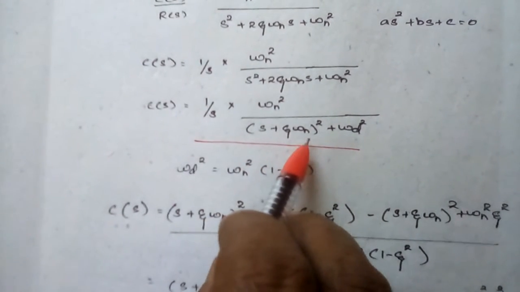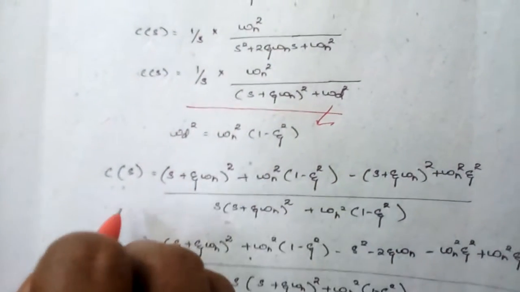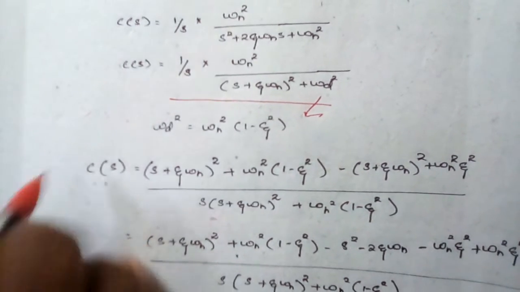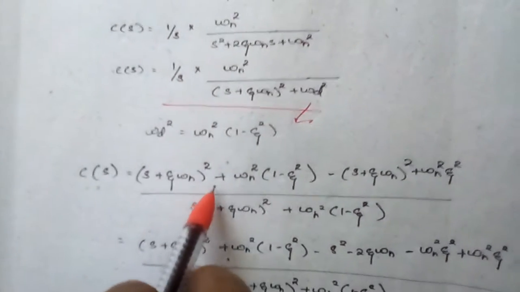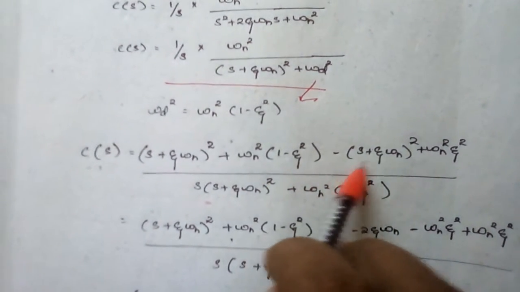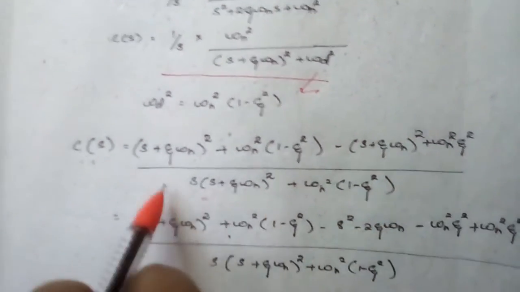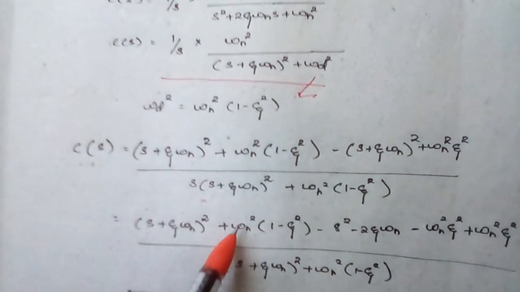Substituting and taking the partial fraction for 1/s into omega n square divided by s plus zeta omega n square plus omega n square into 1 minus zeta square, I get the expression of C(s).